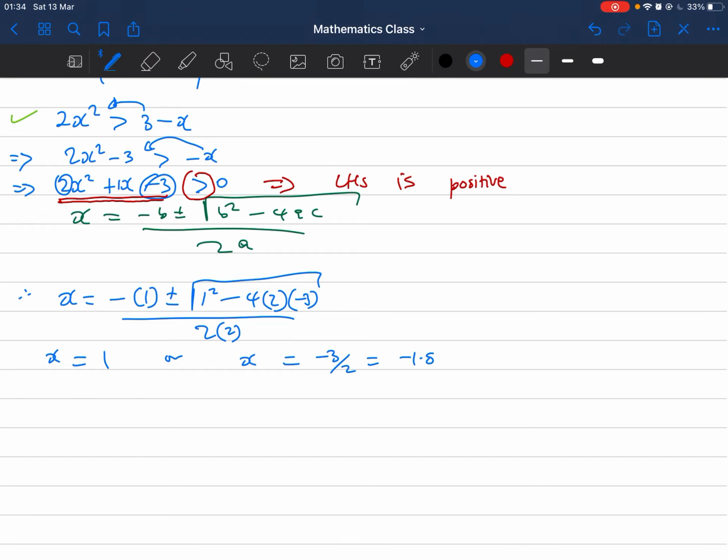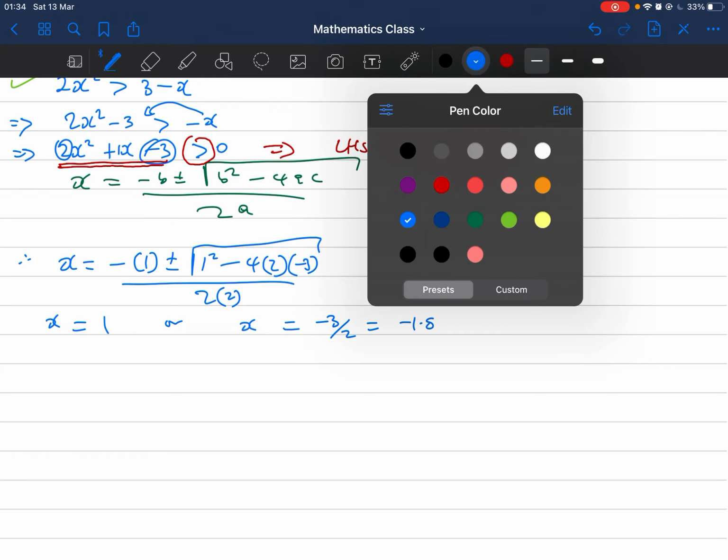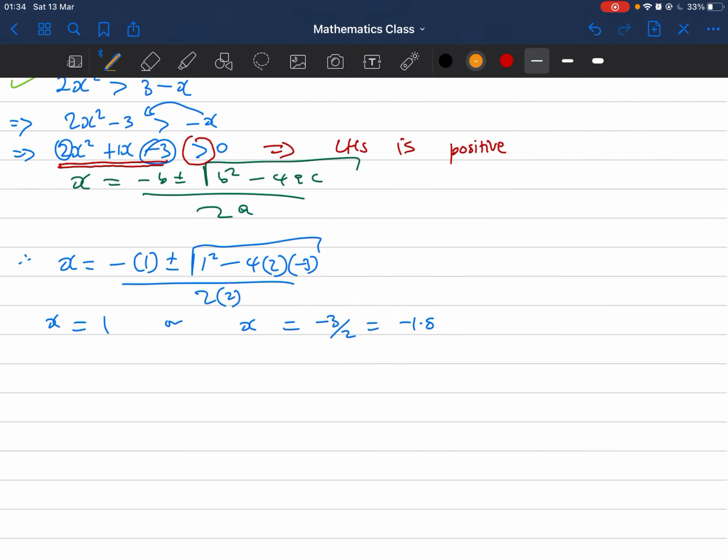So what you're going to do now is start drawing the number line. Remember the number line? The number line is in terms of x, which is cool. So let's draw our x's, right?